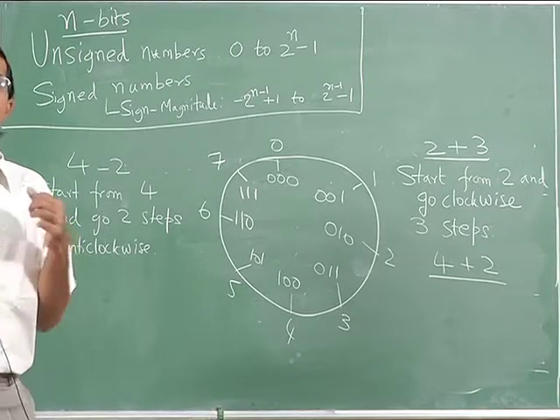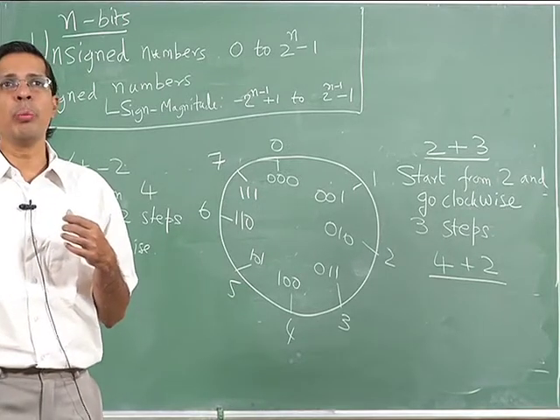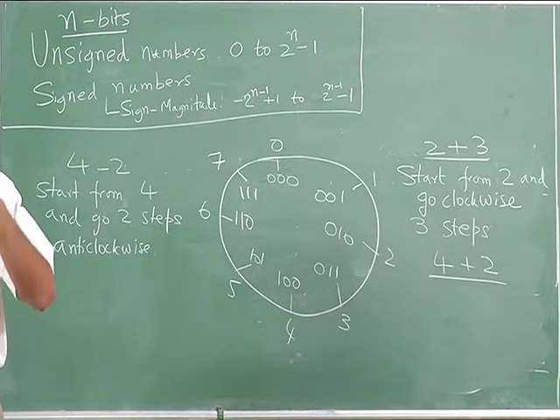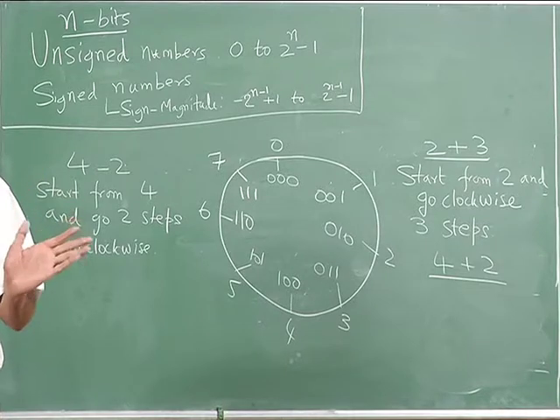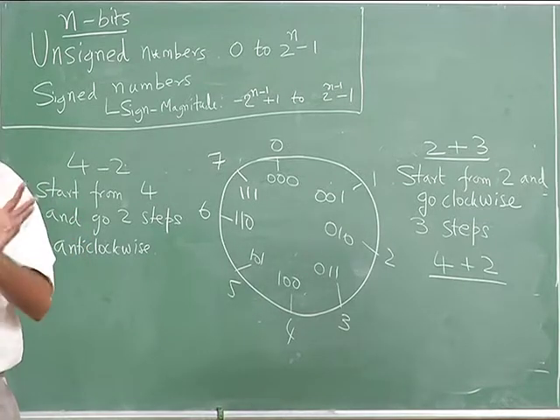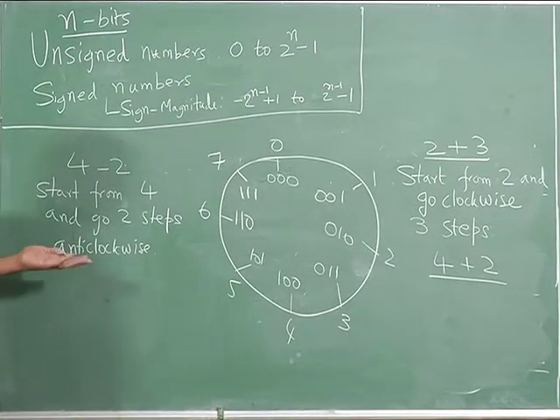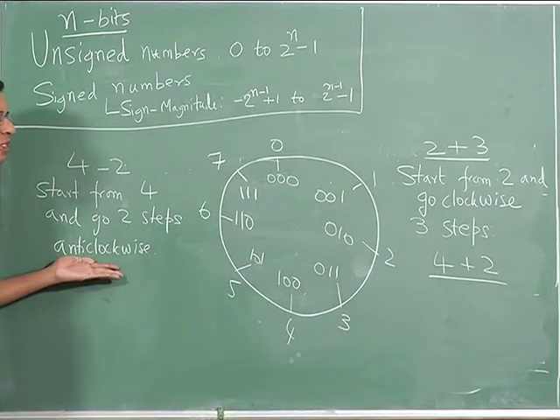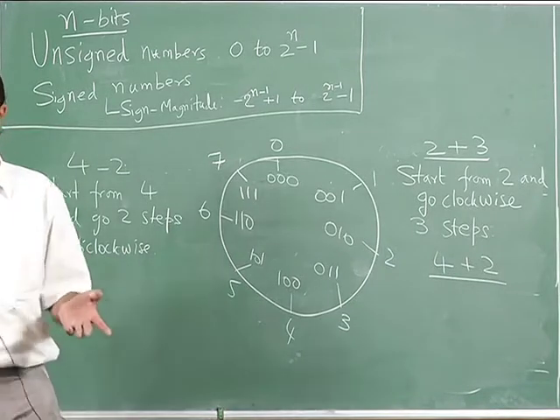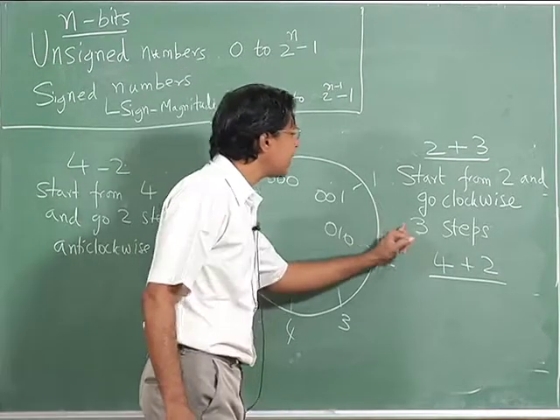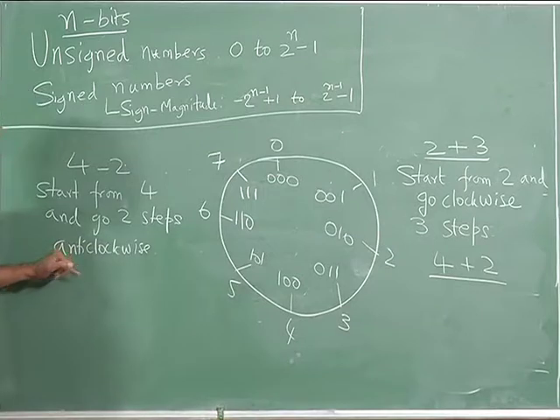Now what did we say? We want to model both subtraction and addition in the same manner. So I want to model subtraction as addition. Then I have to translate this anti-clockwise motion as a clockwise motion, because for us addition is clockwise and subtraction is anti-clockwise.